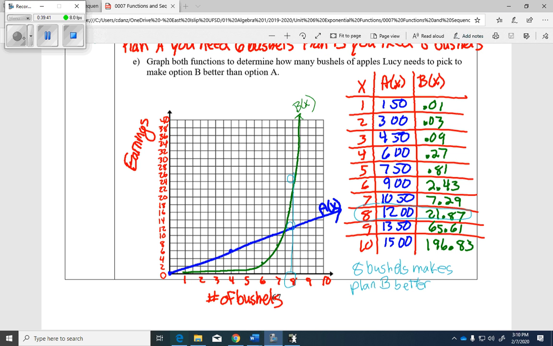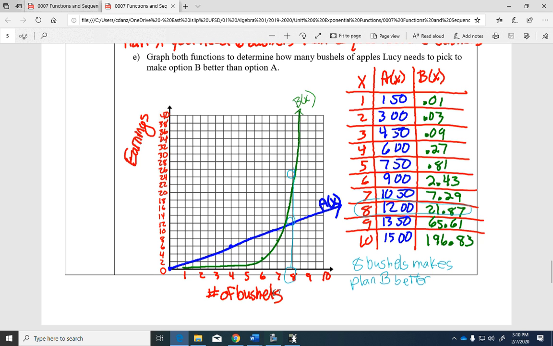And now here is a graph. You can see along my x-axis I put the number of bushels and I spaced it out nicely, and my earnings was along my y-axis.